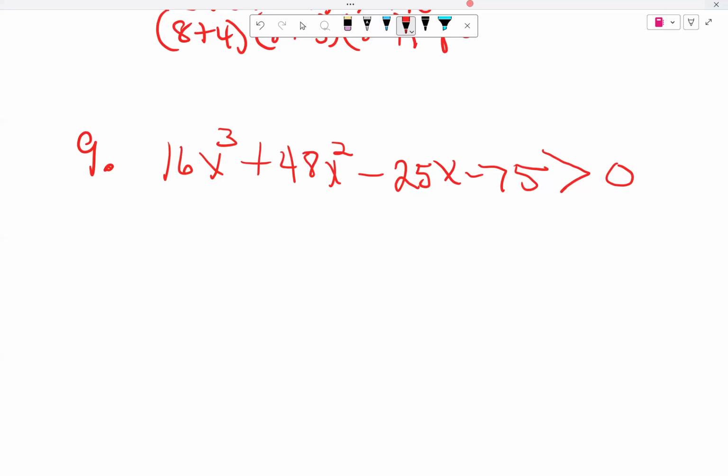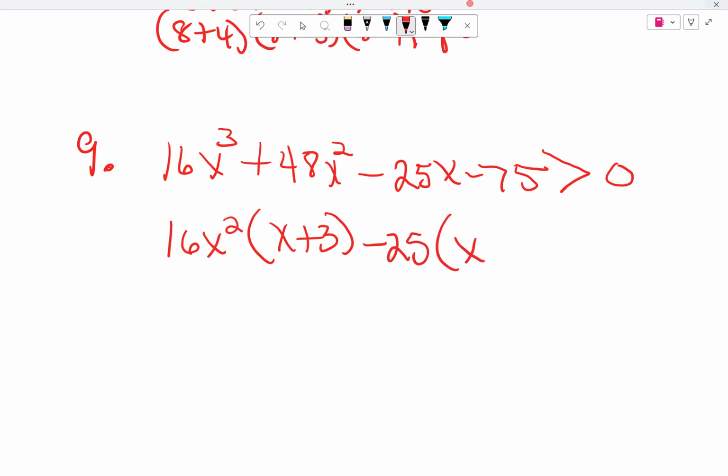When I do factor by grouping, I'm going to take 16x squared, and that's going to give me an x plus 3 in here. I'm going to go with a minus 25, and here's an x plus 3 in here. And that has to be greater than 0.